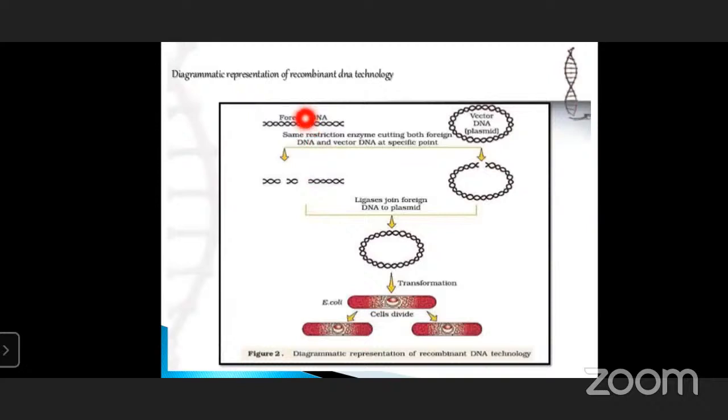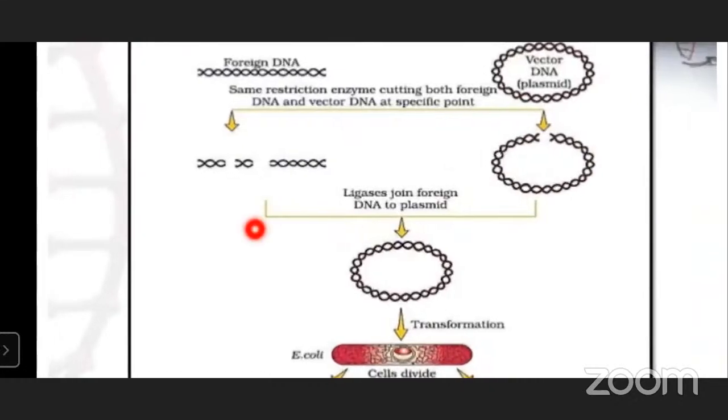This is a diagrammatic representation of rDNA technology, which shows the foreign DNA and the vector DNA, nothing but plasmid. This foreign DNA is cut into small fragments with the help of restriction endonuclease, and this vector DNA is also cut at a specific location with the help of the same restriction enzyme.